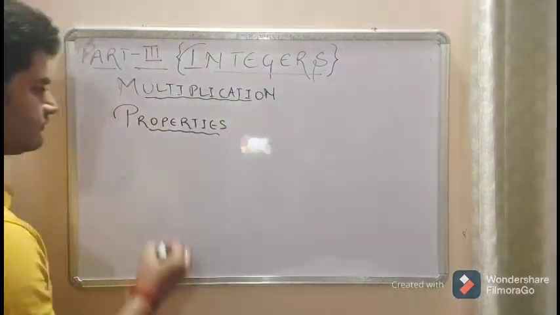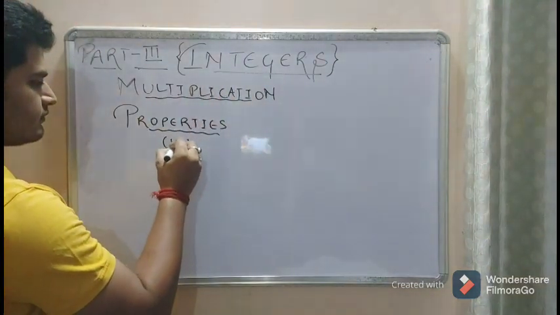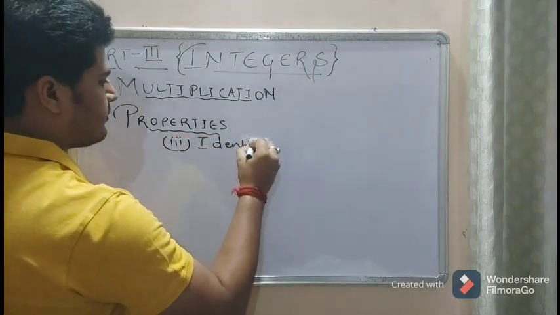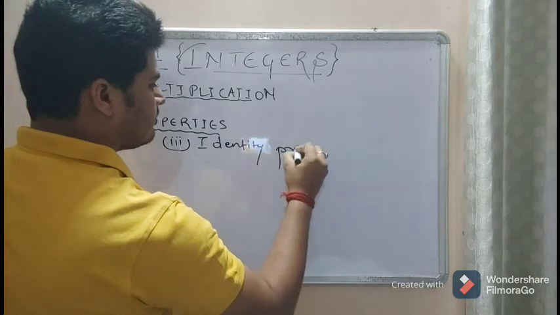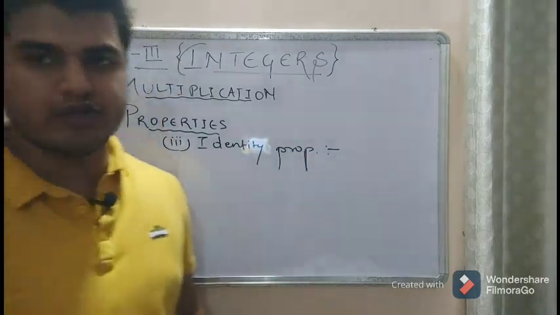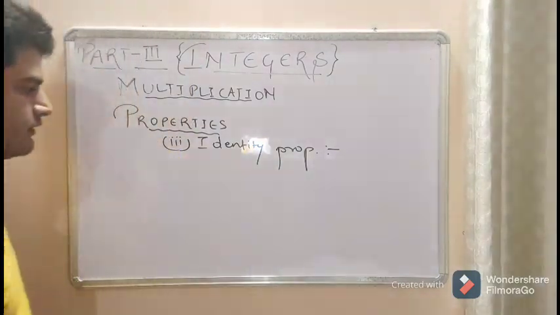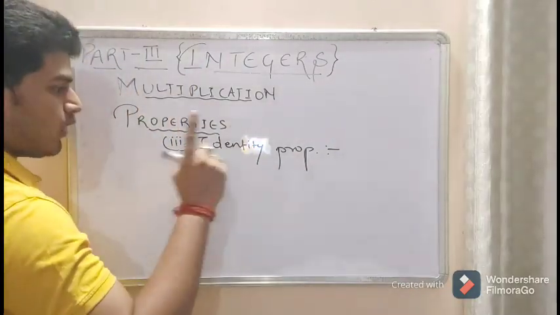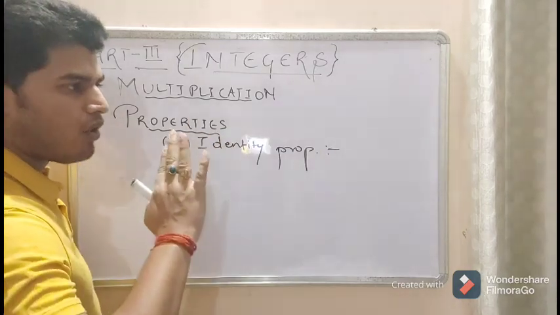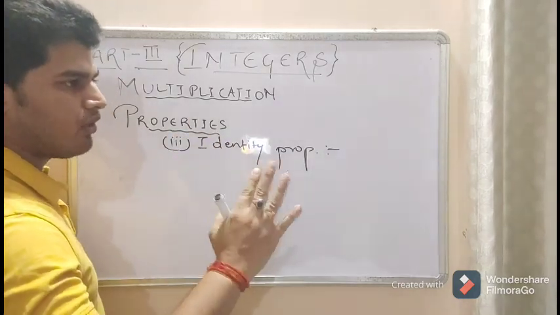Now comes the third one, my dear students. The third property is the identity property. What does this identity property want to say? Identity property says that 1 is the multiplicative identity of all the integers.